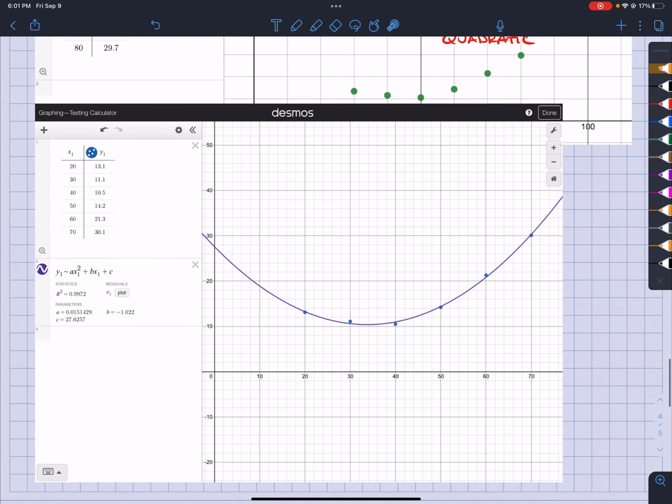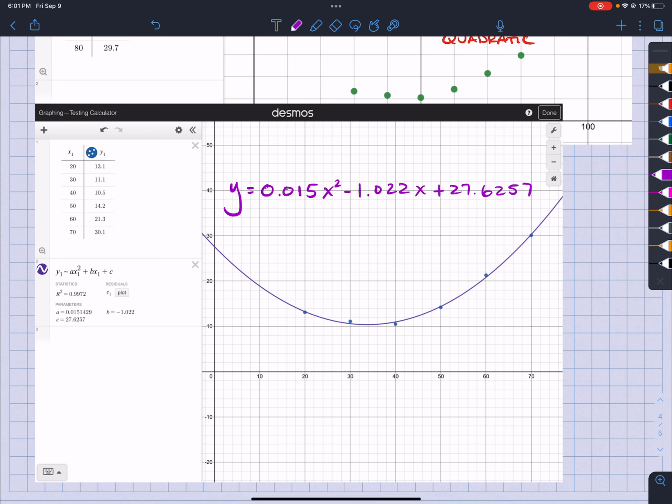So the equation that I have on this purple line is going to be y equal to 0.015 x squared minus 1.022 x plus 27.6257.